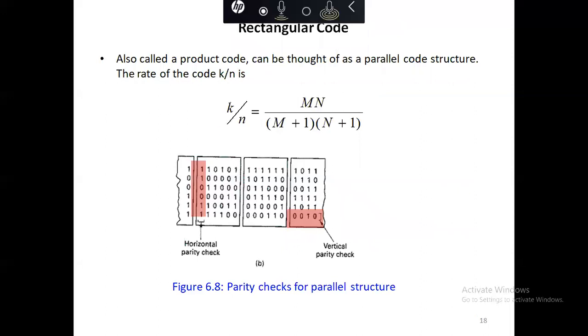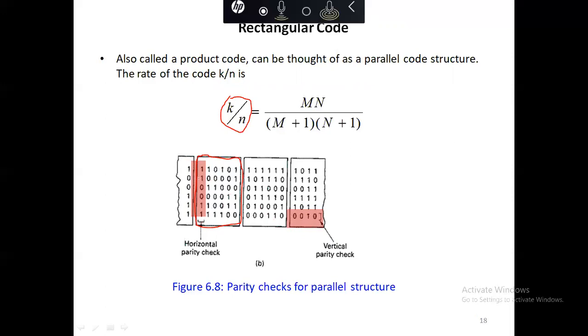So it can be implemented over a block of data with a code rate of m by n. For example, we divide the data into rectangular blocks. So we calculate the parity in both directions. One is the row-wise parity, which is the even parity, and we have the column-wise parity, which is also the even parity.